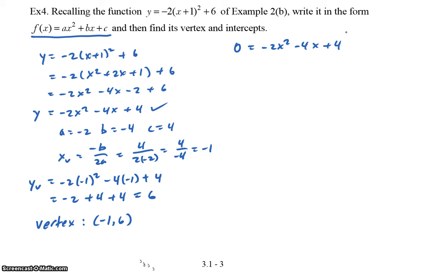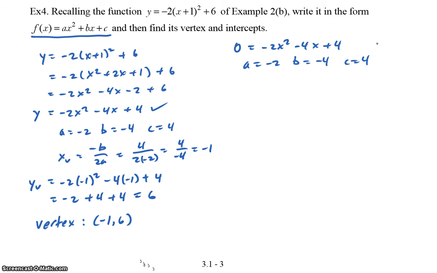Now, I could divide out 2 or negative 2 to simplify this a bit, but to avoid confusion, because we previously identified a to be negative 2, b to be negative 4, c to be positive 4, I'm going to just leave the numbers as they are. So we're going to use a quadratic formula with a equal to negative 2, b equal to negative 4, c equal to 4 to solve this equation.